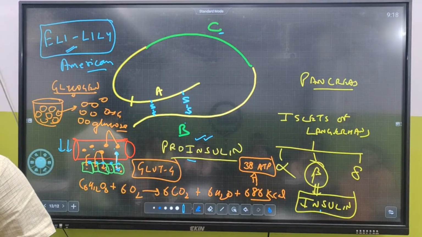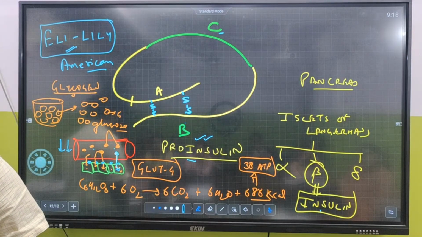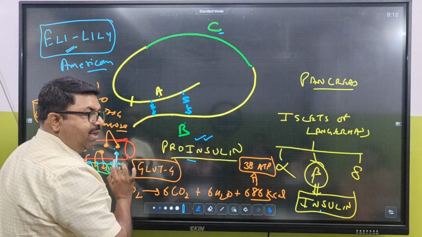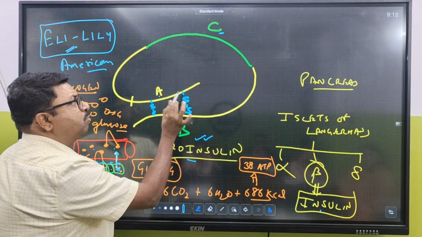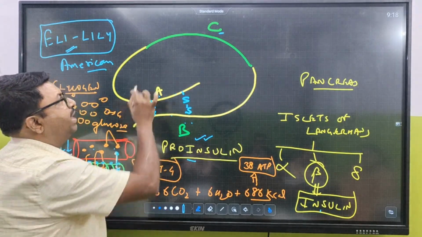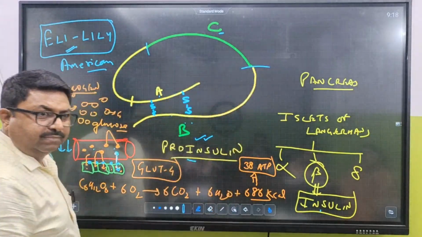So what has to be done? Which two are going to make the active one? A and B. The A polypeptide chain and the B polypeptide chain are going to make active insulin. So we have to remove this C part.